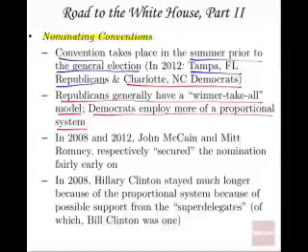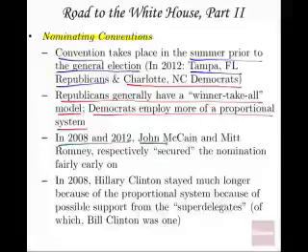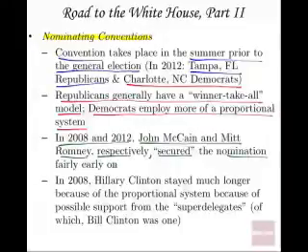And to take a look at how Republicans and Democrats have a varied system in nominating the president. In 2008 and 2012, John McCain and Mitt Romney, respectively, secured the nomination fairly early on. In 2008, actually, Mitt Romney lost New Hampshire, the state that went right after Iowa.